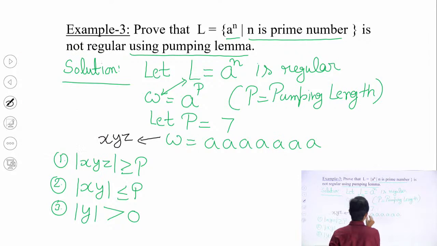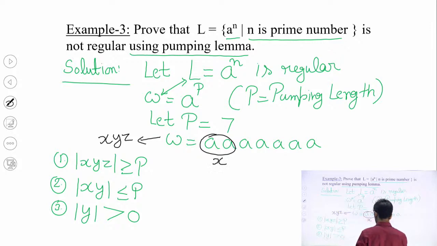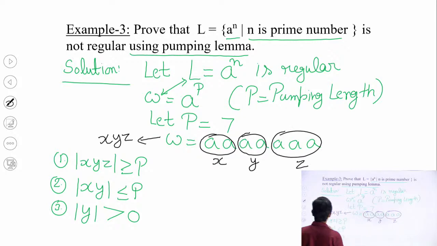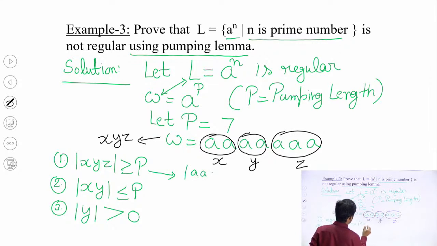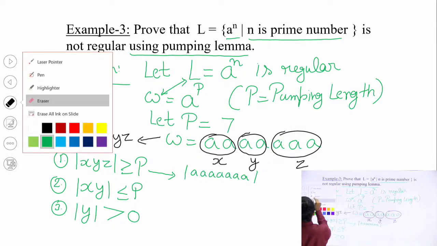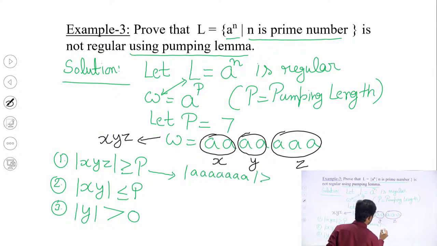So let's divide. Suppose a is x, a is y, and 3 times a is z. Now let's see these 3 conditions. Mod of x, y, z means 7 times a, greater than or equal to p.